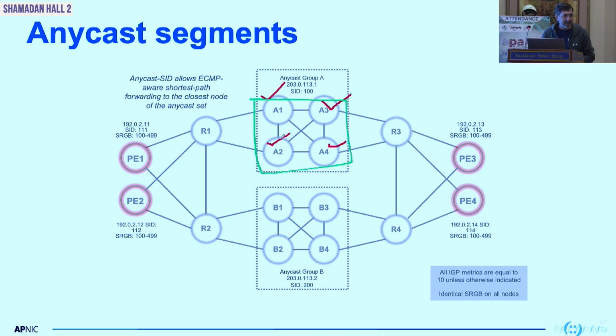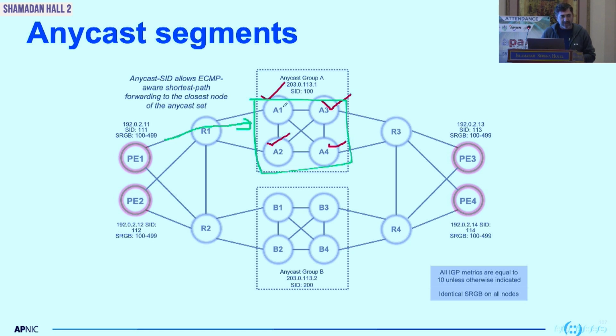That means if this router sends traffic to A2 or A1, the objective is to reach the other side. Either A1 or A2 receives the traffic, and they will be able to pass it on, because within the core you want to send traffic quickly and have maximum high availability. To achieve that, we are going to use the Anycast SID.